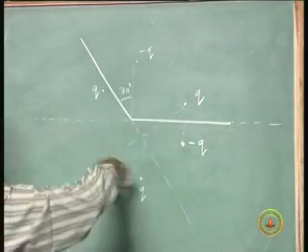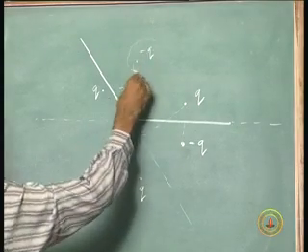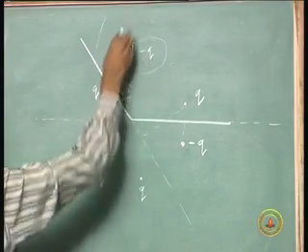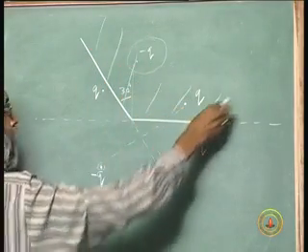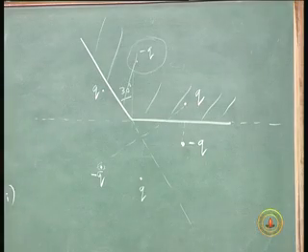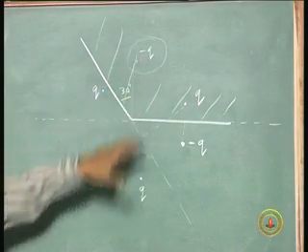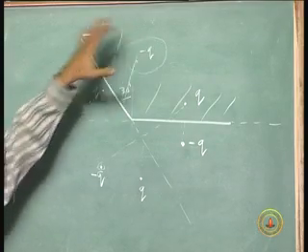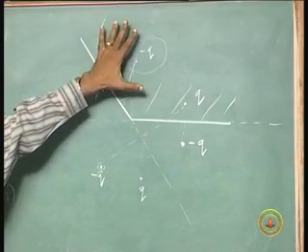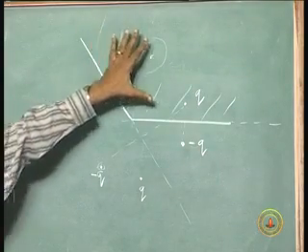After I have done all these reflections, I am getting a charge which is inside the region of interest, and the moment that happens, the moment I have a charge that is sitting inside my region of interest, this whole method fails. Method of images can't be used.